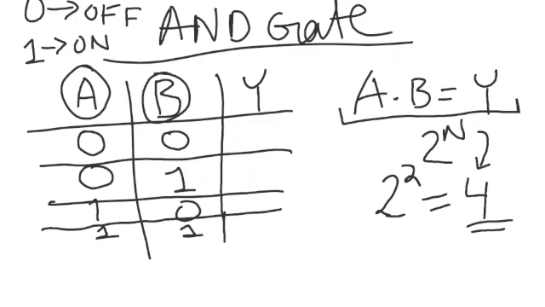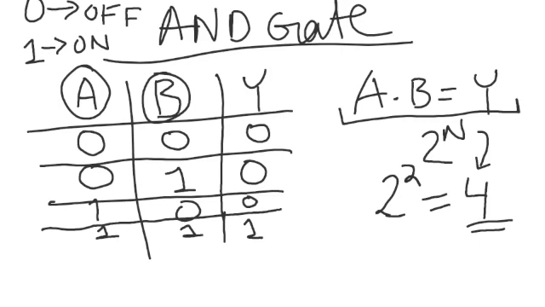So as both inputs are 0, it's going to be 0, because the output is on only when all inputs are on. For these two inputs, one is off and the other is on, so it's going to be 0. For the last one, both inputs are on, so the output is going to be on. For the rest of them, it's going to be 0.